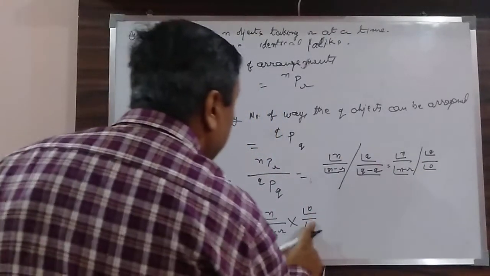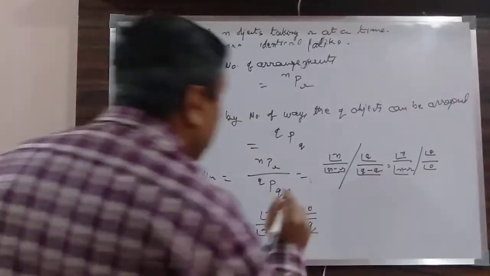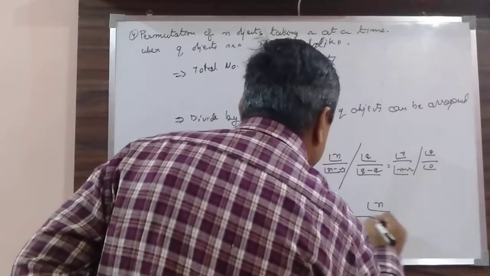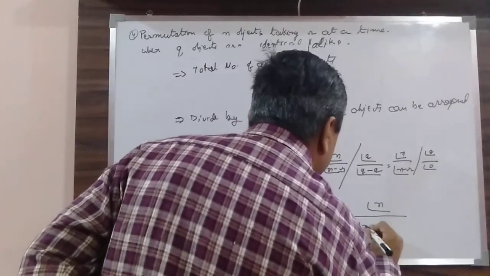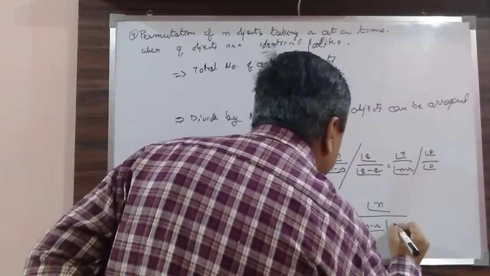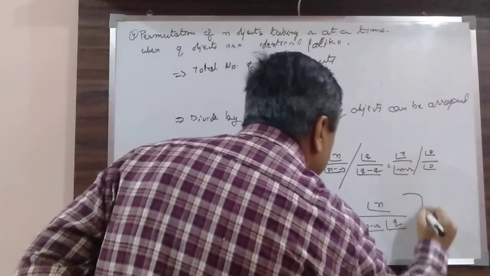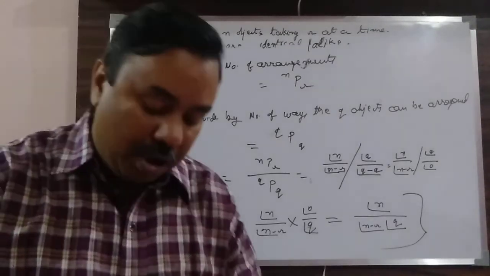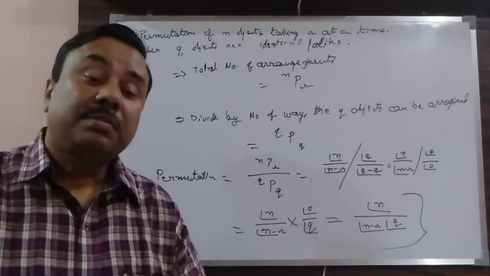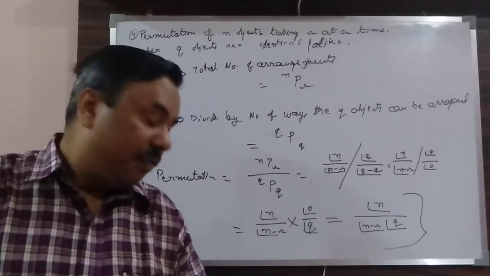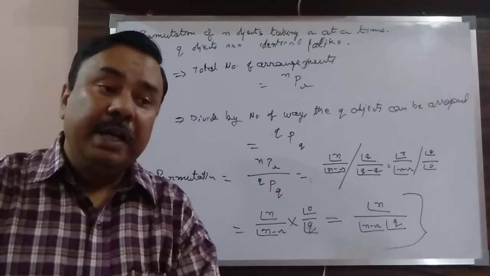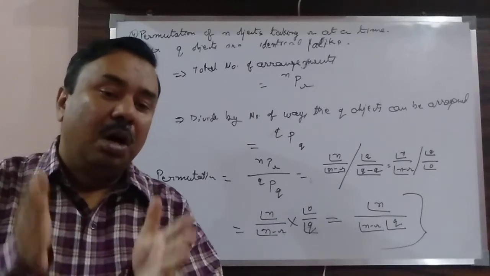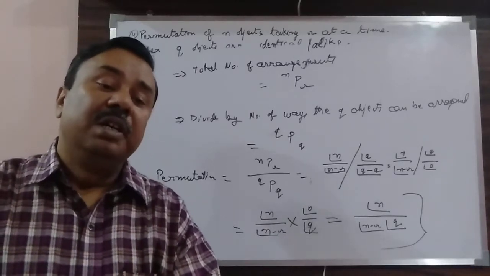And what is factorial 0? Factorial 0 is 1. So your answer is factorial n divided by factorial n minus r and factorial q. This is the final formula for getting the permutations of n objects taking r at a time when q objects are identical or alike or of the same kind.